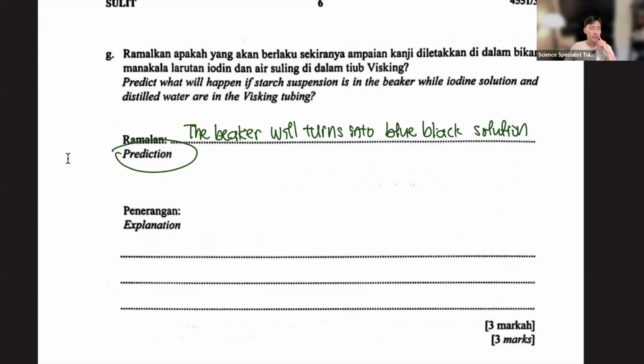So now you know how to write explanations. I want these explanations all along from A until G. You need to specify, because this is Paper 3. Paper 3 cannot talk in general. Small molecule can pass through. Who is small, who is big? Iodine, starch. Paper 3 needs to tell directly, iodine or starch.